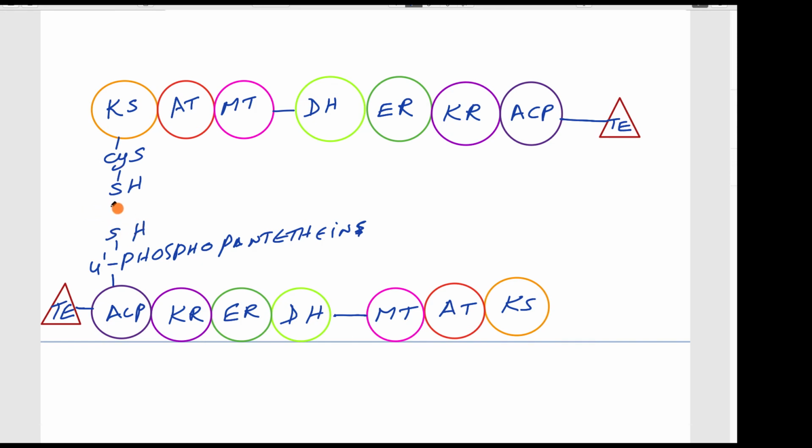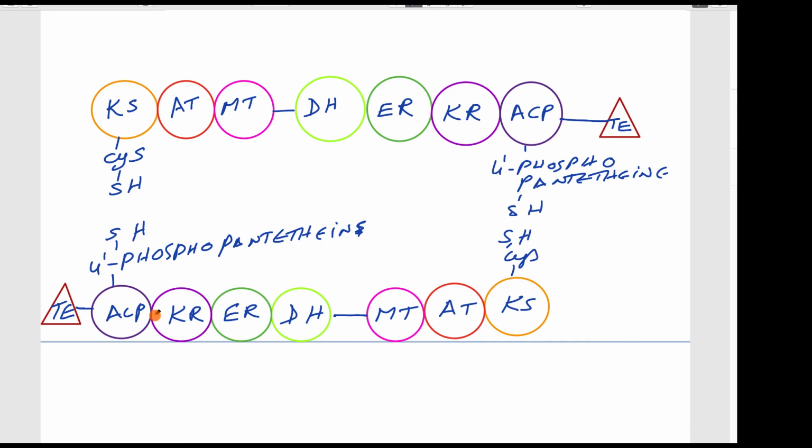Here also it is the same thing, 4-phosphopantetheine, and here cysteine SH. Both are connected through this. This is how the homodimers are arranged in head to tail orientation.